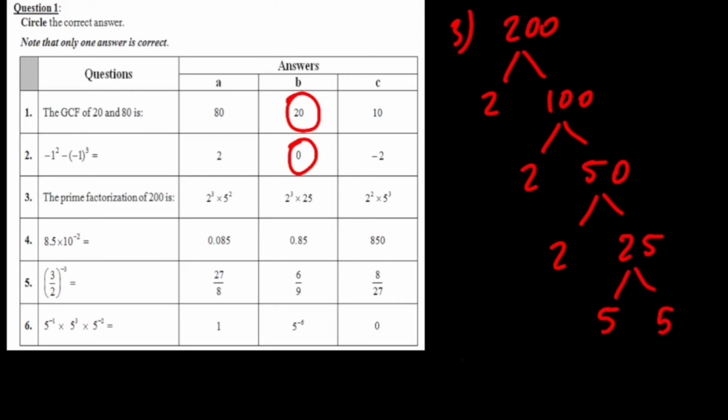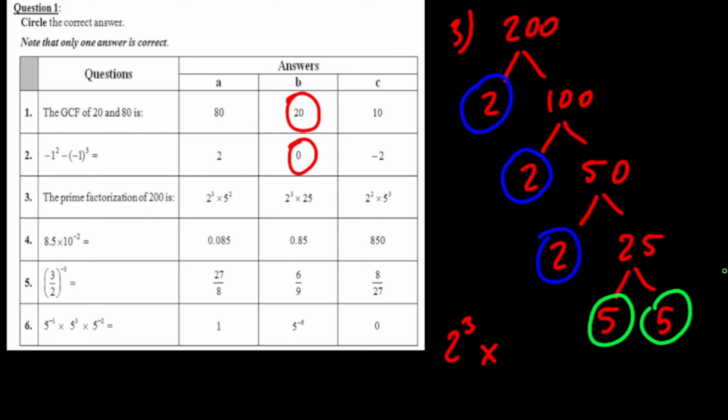As you can see, we have 1, 2, 3 2's. So it's 2 to the power of 3 multiplied by 5 to the power of 2, giving us the answer A, which is 2 cubed multiplied by 5 squared. Now on to the next one.